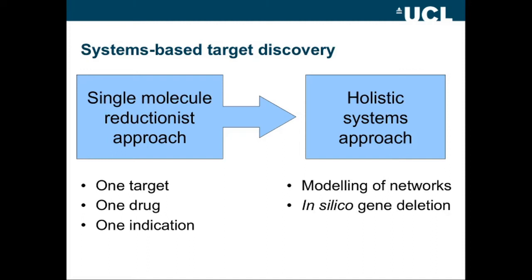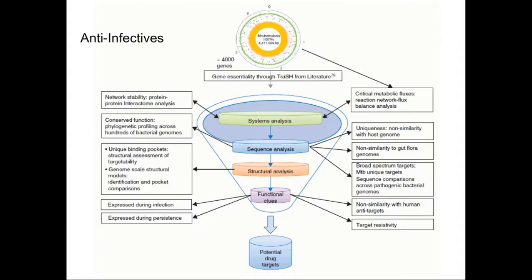And with such a system, we can take the idea of target validation through to in silico target validation by removing an individual gene or gene product within our systems model. Returning to the idea of anti-infectives, we can take a systems view by looking at things like network stability.